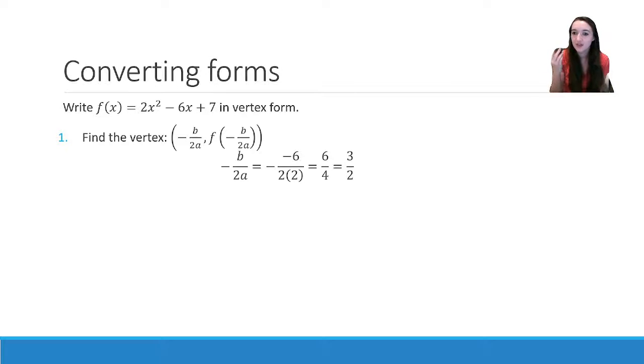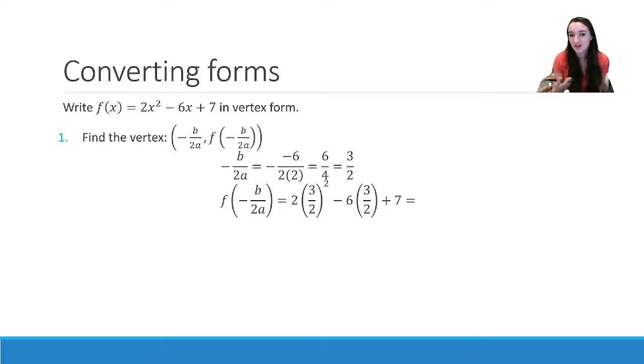So I have the x value of my vertex, and then to figure out what f of 3/2 is, I'm not going to necessarily go through those steps, we just have to plug it in. So plugging in 3/2 into our function, 2 times (3/2) squared minus 6 times 3/2 plus 7 is going to get us 5/2. So now I have this vertex point.